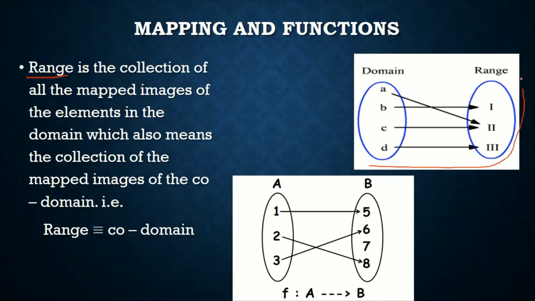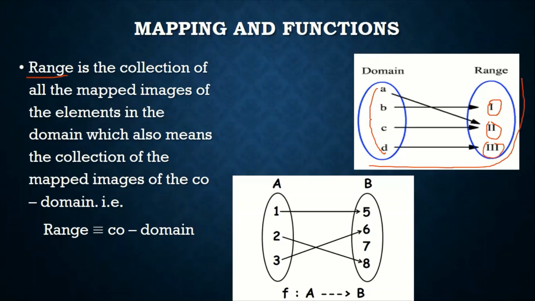Example, let's look at this diagram. We can see that this is the domain, while this is the codomain. Each element in the domain has been mapped to an element in the codomain. So this first one can be called the image of element B. This second one can be called the image of elements A and C. And the third one can be called the image of element D. Together, they can be referred to as the range of the elements in the domain.